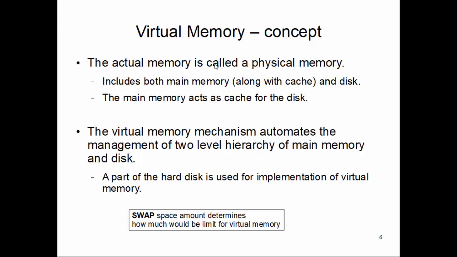Now, a part of the hard disk is used for the implementation of virtual memory. Like if you ever install Linux or some equivalent operating system, it asks for some swap space allocation. The swap space amount determines the limit of your virtual memory. So, of course, virtual memory has a limit of its own, but with the allocation of the right amount of swap space, your program can enjoy whatever it needs.